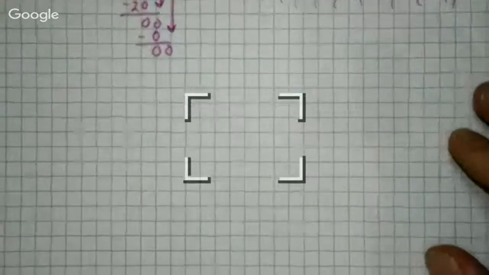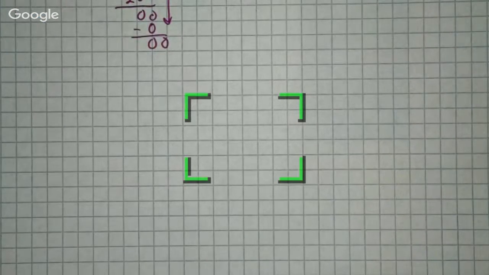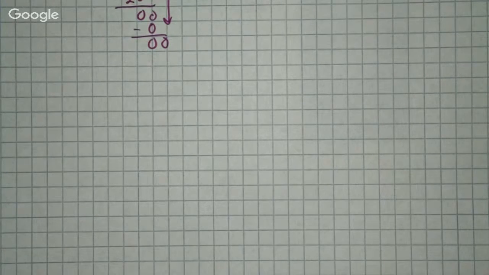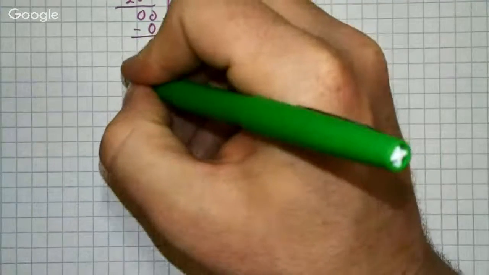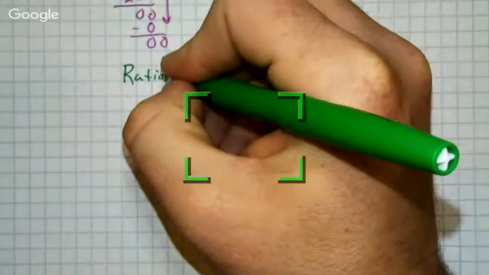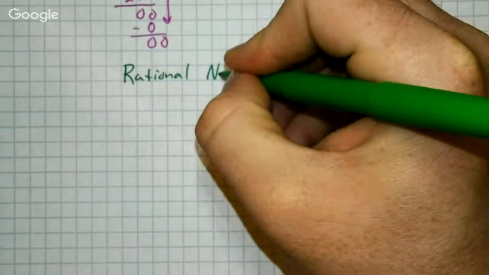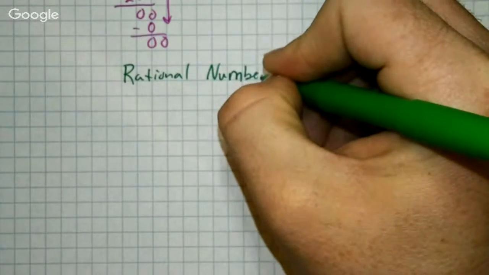Okay, so let's move into what we're doing today, which is we need to know how to alternate between different types of numbers. Any rational number can be seen in several ways. So we're going to go ahead and deal with some rational numbers.